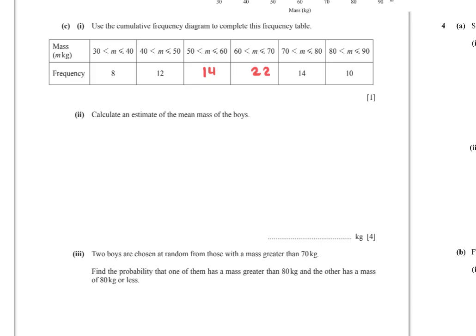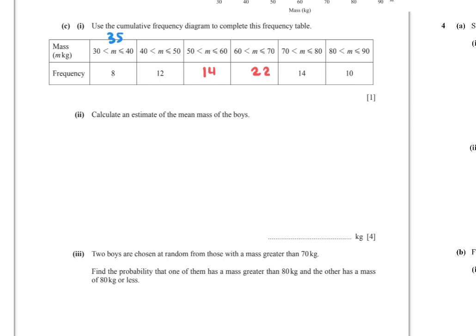Now double I, calculate an estimate of the mean mass of the boys. To find the mean, we need to find the middle value for each group. For the first group, from 30 to 40, 35. To find the middle value, add 30 plus 40, then divide by 2, or take the midway between 30 and 40.